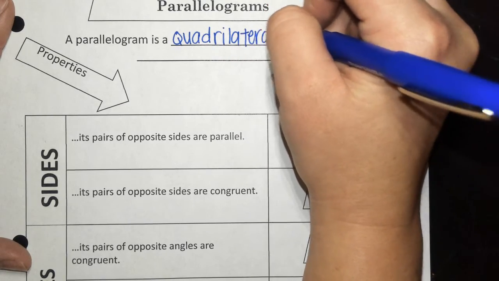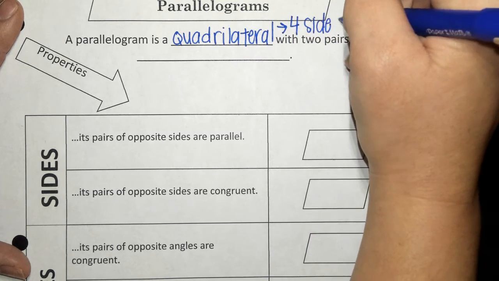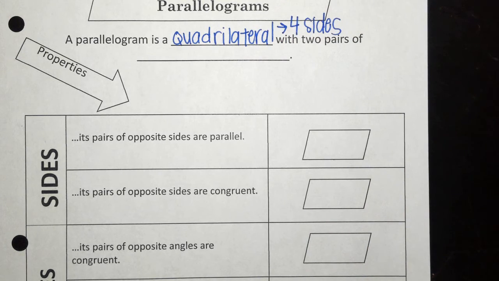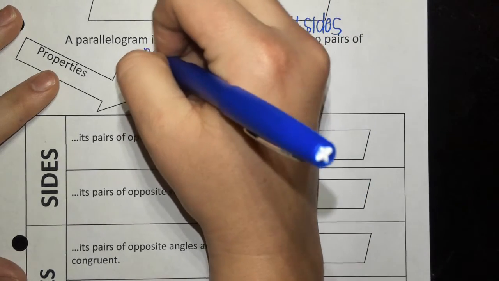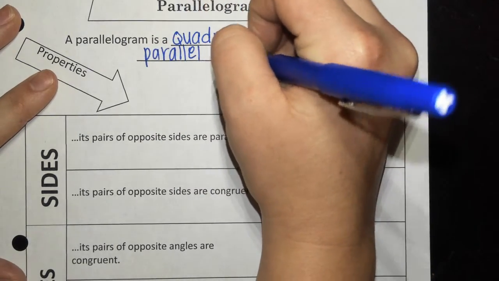Quadrilateral. How many sides does that have? 4. Okay, so a parallelogram is a quadrilateral with 2 pairs of parallel sides.